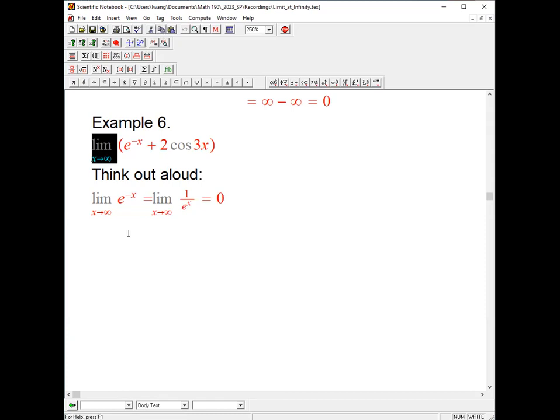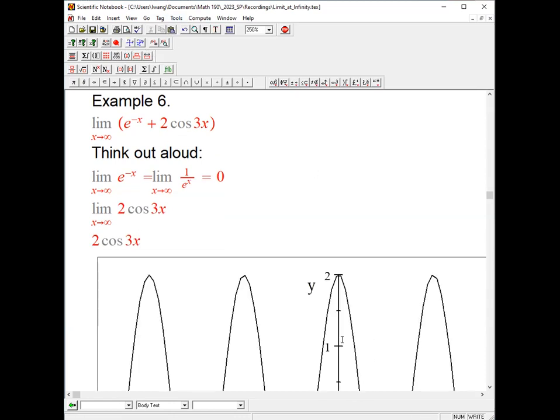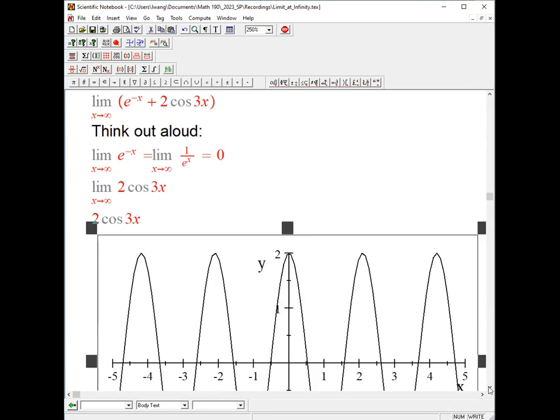But how about the individual limit for 2 times cosine 3x? This limit does not exist, because as x approaches infinity, this is a cosine function. If you multiply by 2, it's oscillating between -2 and +2. You can look at the graph.